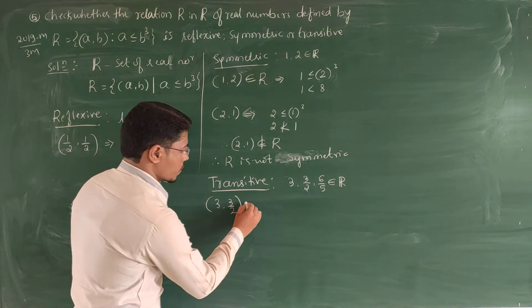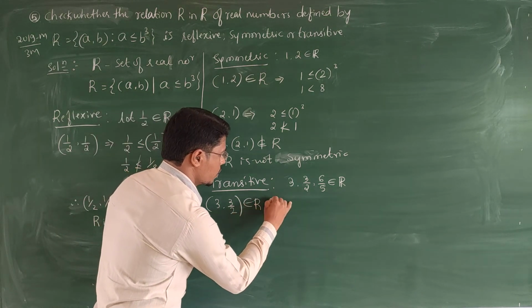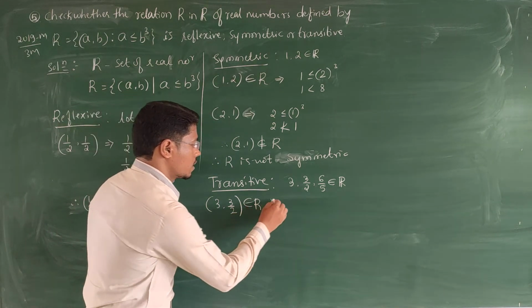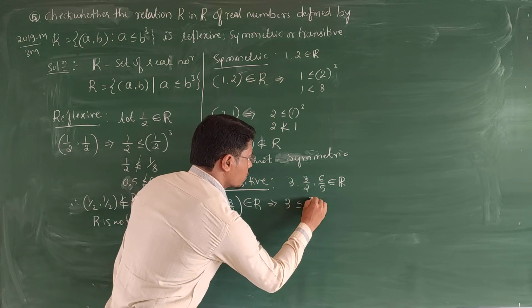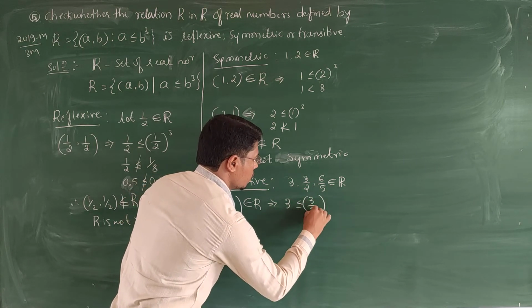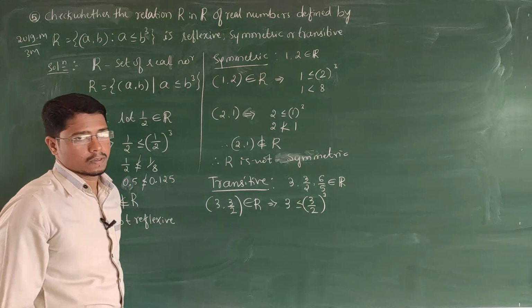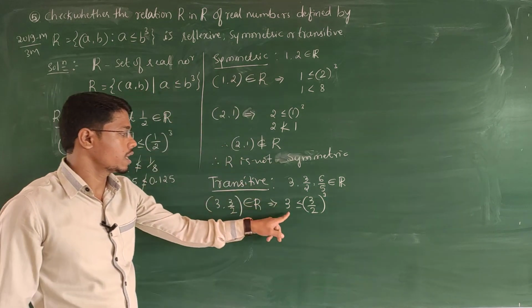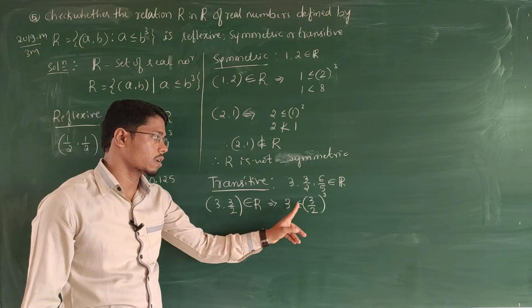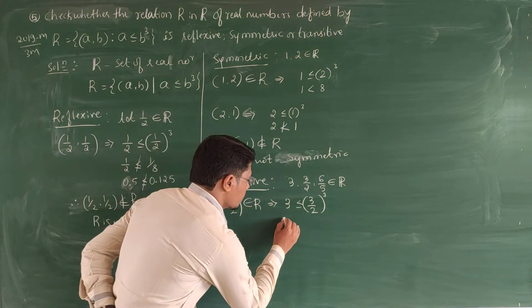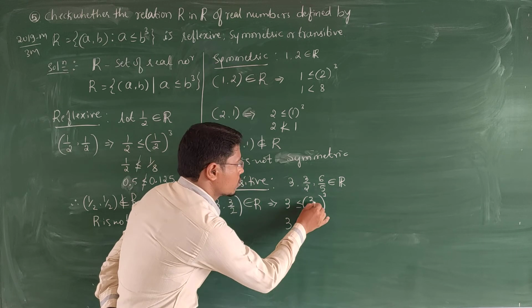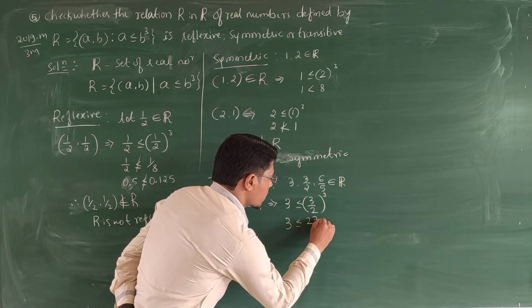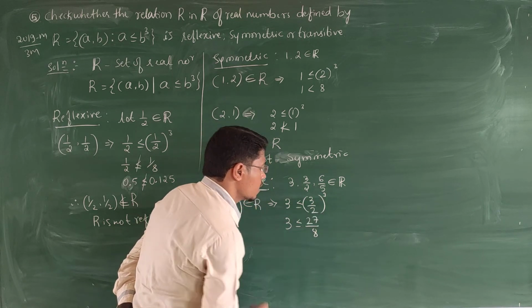3 comma 3 by 2 belongs to R. How does it belong to R? Check it. 3 less than or equal to 3 by 2 whole cube. What is the relation? a is less than or equal to b cube. 3 is less than or equal to 3 cube, which is 27, divided by 2 cube, which is 8.